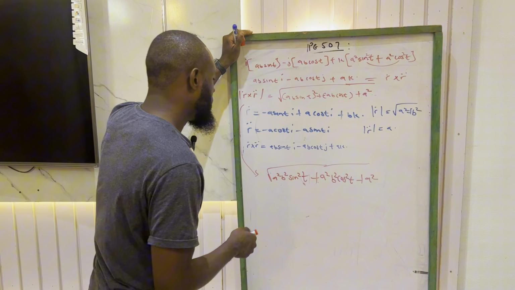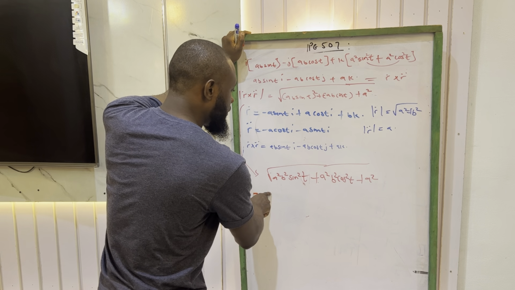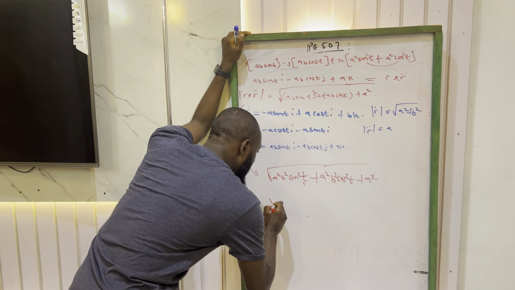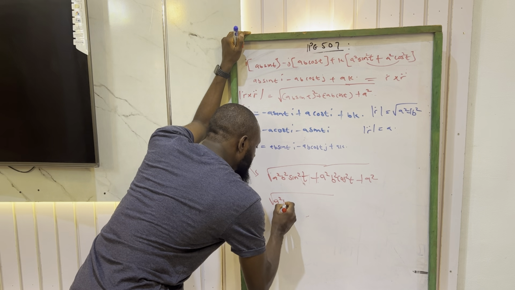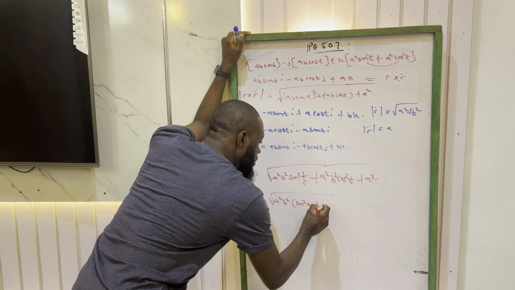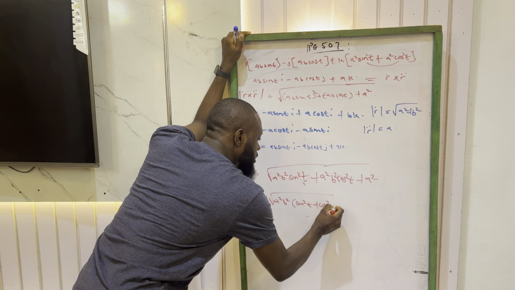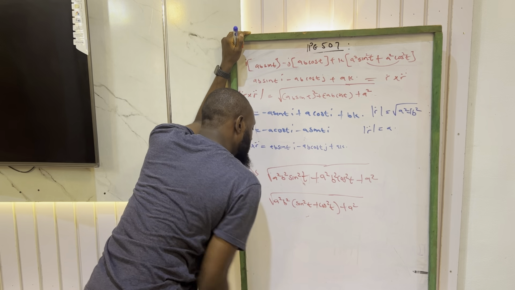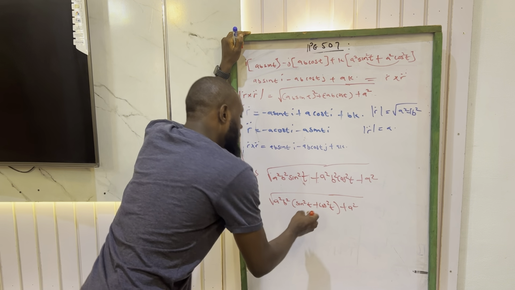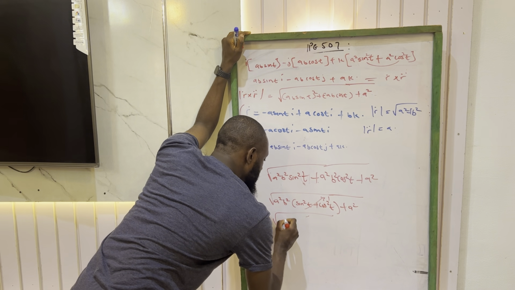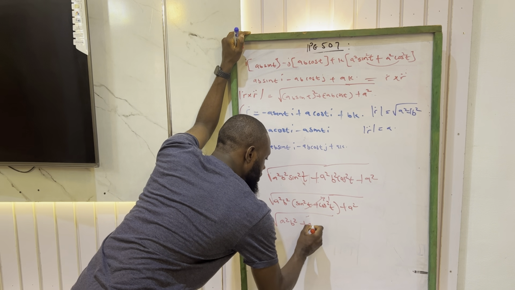So one thing we have here, we have a squared b squared open bracket sine squared t plus cos squared t, plus a squared. So at the end of the day, this evaluates to 1, so that we are left with a squared b squared plus a squared.